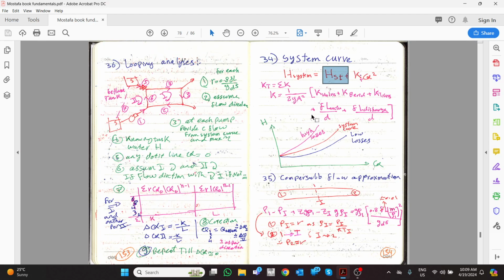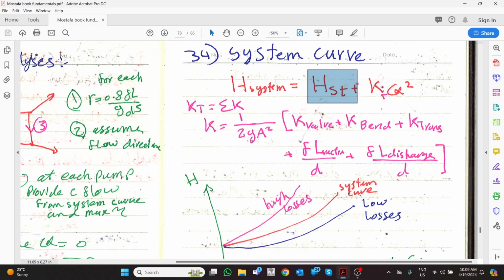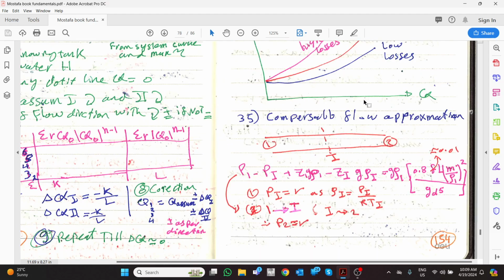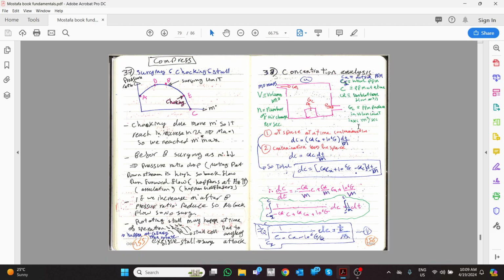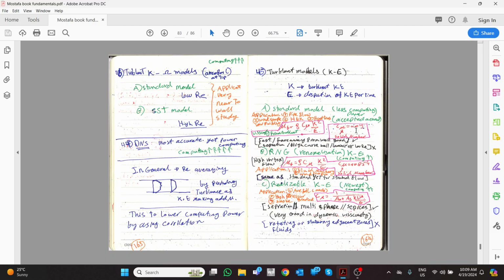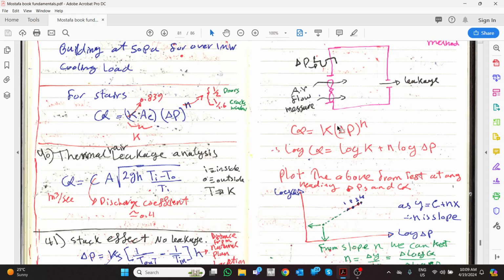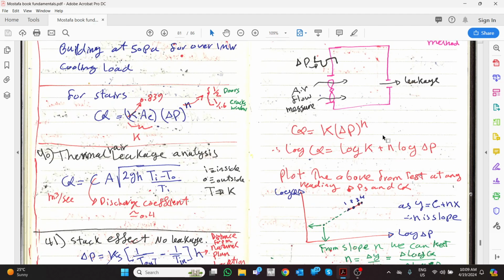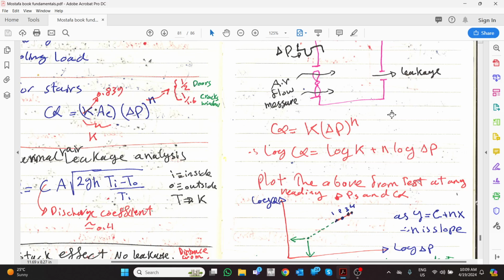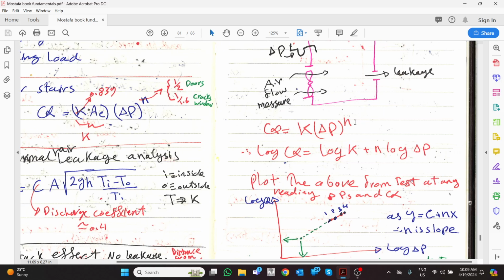But actually it is not always the case, especially for air, to be to the power of half. It is a little different from the theoretical number. That is why it is always kept as n. Usually n will be like 1 over 2, but sometimes it will be something else.